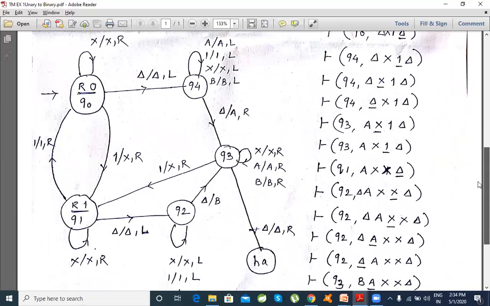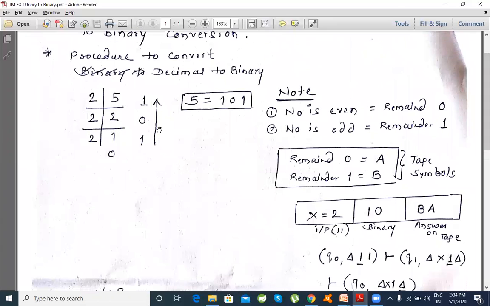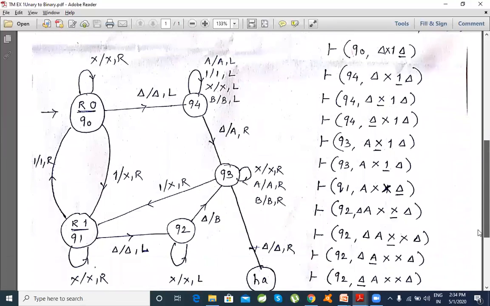And this is how the machine takes its moves. But remember, while moving across the ones, whatever ones you have on the input, the first one we will cross, the second will be left as it is, the third will be crossed, the fourth will be left as it is.